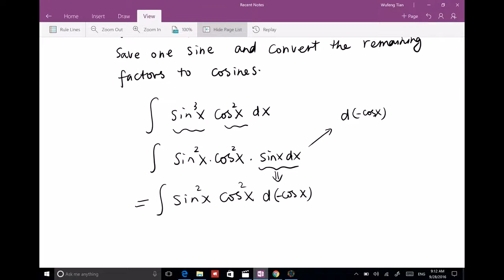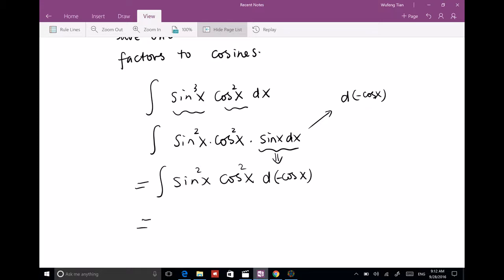Now, the problem is, I have a cosine squared, a cosine, and this is sine square. Can anyone tell me what I can do next? Because this is cosine square, this is cosine. If this is cosine, that will be much better.